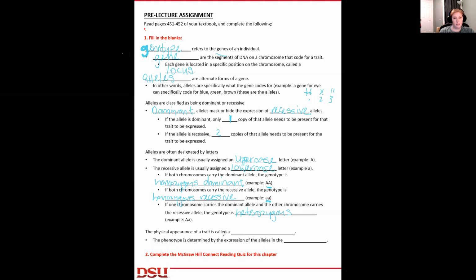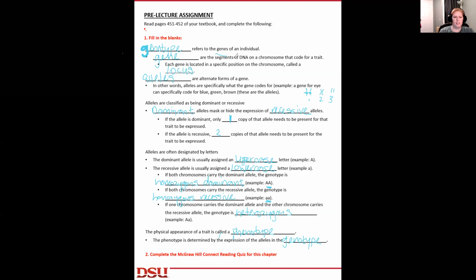The physical appearance of a trait is called a phenotype. I can do this. Phenotype. The phenotype is determined by the expression of the alleles that are in the genotype. Okay. So that you can remember genotype and phenotype.